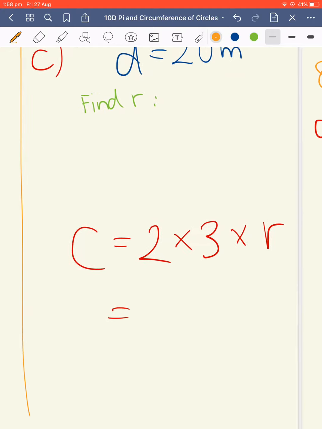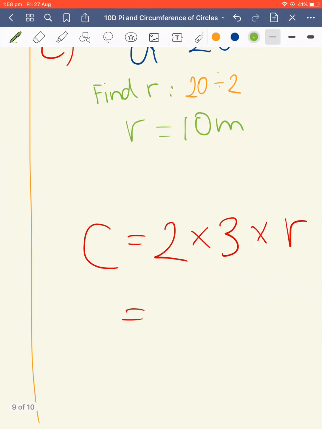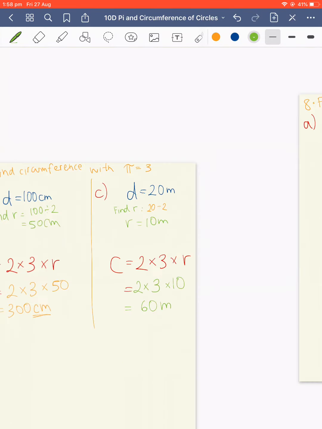Next one as well, we want to halve our 20, so 20 divided by 2 gives me my radius of 10 meters. Now I can plug it into my formula, so I've got 2 multiplied by my value for pi that I'm using, which is 3, multiplied by 10 to give me my answer of 60 meters.